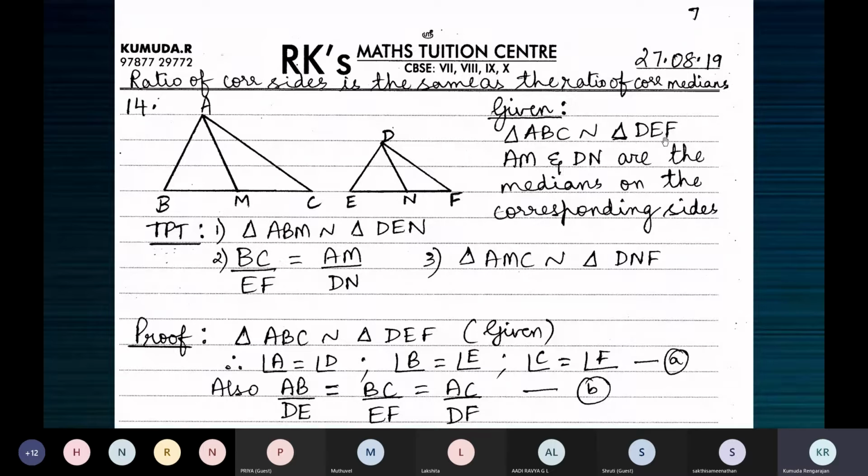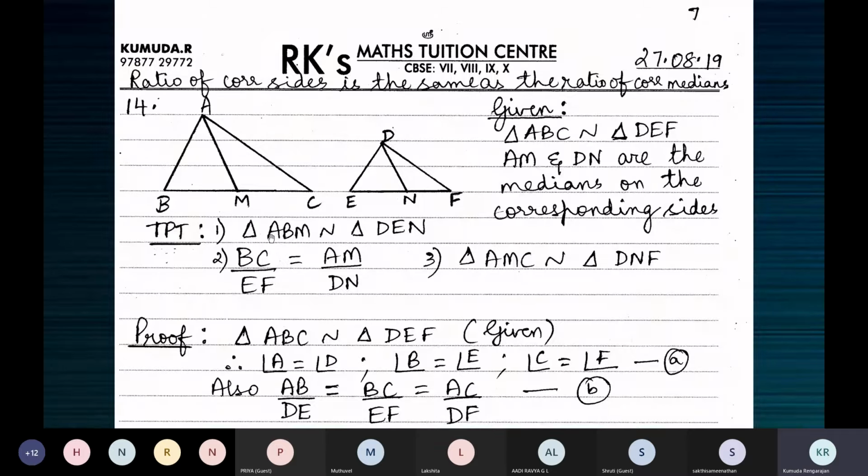So given two similar triangles, AM and DN are the medians on the corresponding sides from the corresponding vertices. That's understood. Or you can just write AM and DN are the corresponding medians.